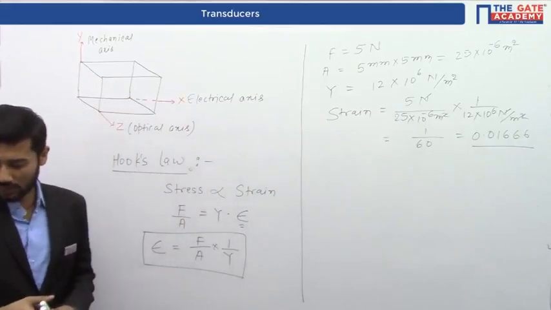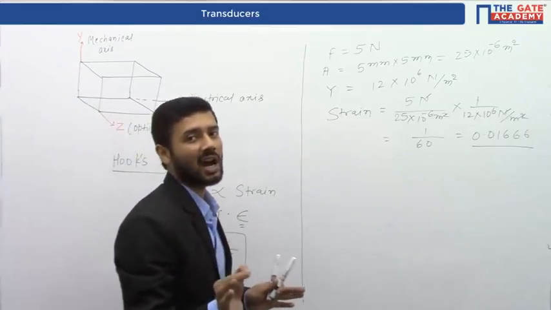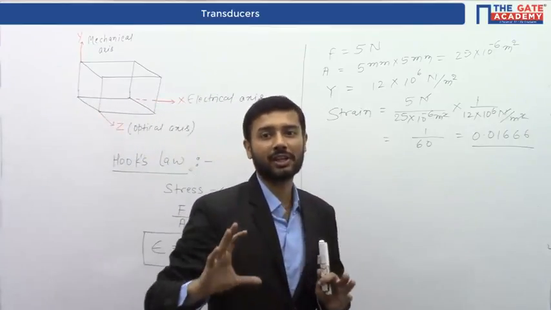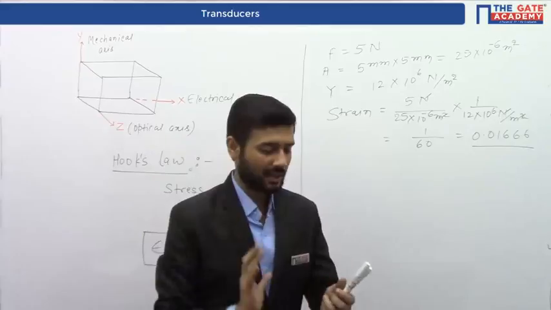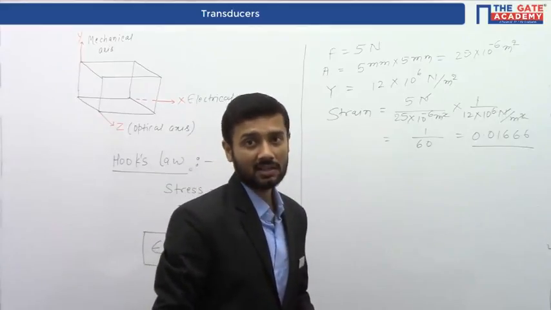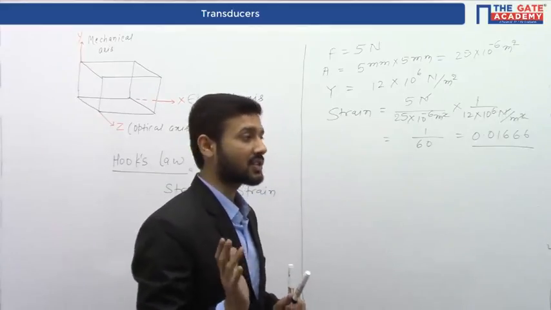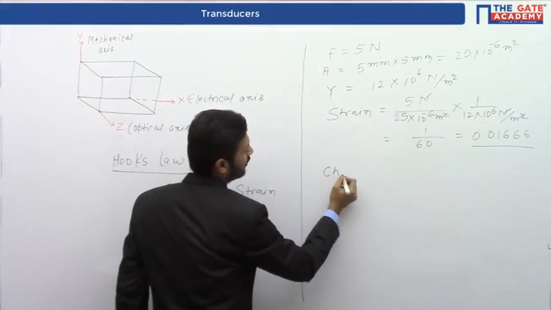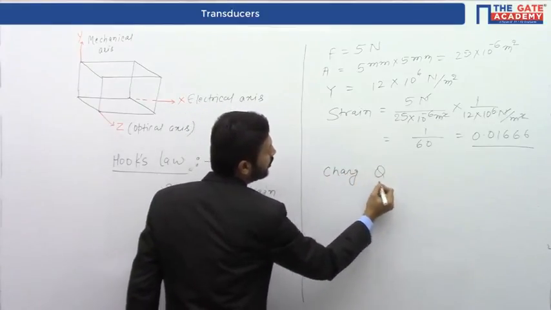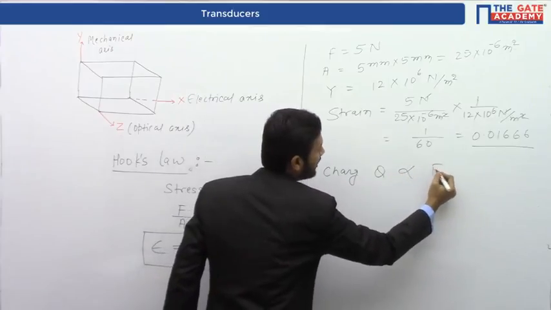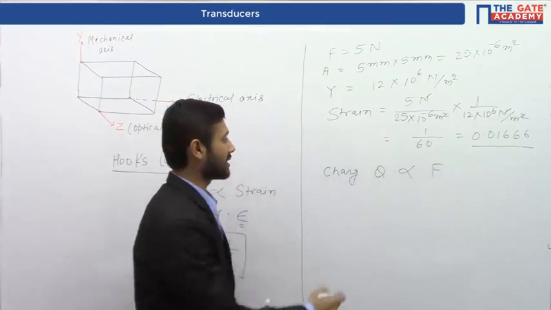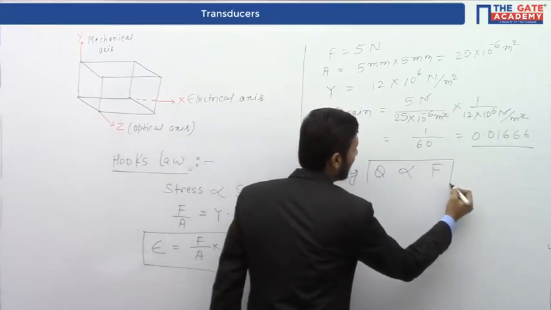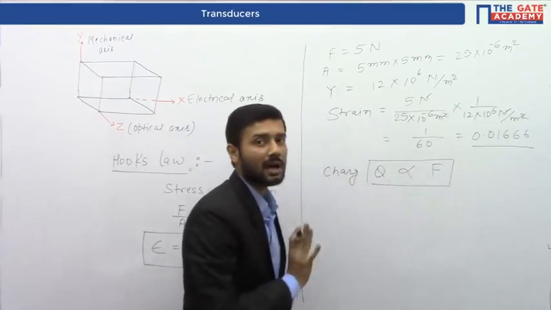Now the second question is to calculate the charge accumulated on the electrical axis. We know that for a piezoelectric crystal, the charge Q is directly proportional to the force applied.